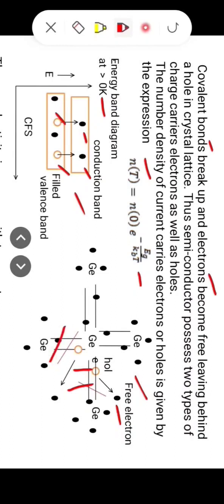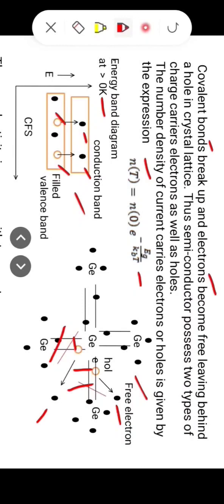Similarly, when this bond breaks up, the electron leaves its place in the crystal lattice, leaving behind a hole. These covalent bonds break up due to high temperature. When temperature rises beyond 0 Kelvin, then covalent bonds start breaking.